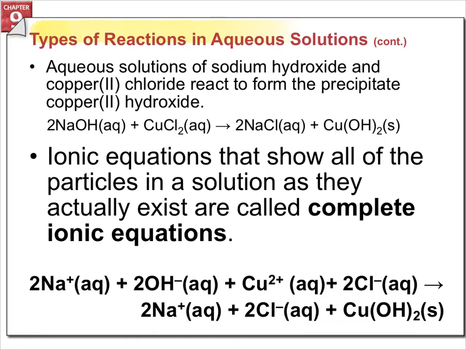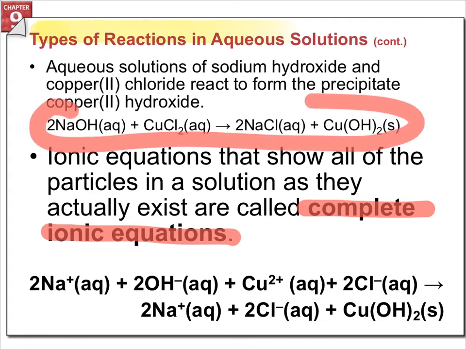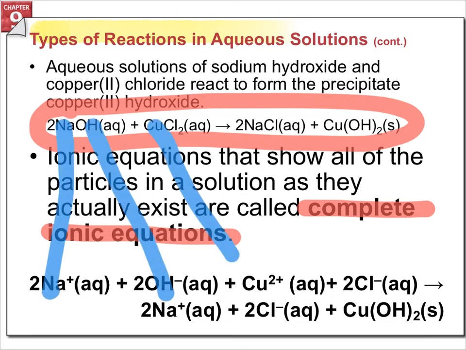Ionic equations that show all of the particles in a solution as they actually exist are called complete ionic equations. Okay, so a complete ionic equation is like this one here. So we take this equation and we actually break every little thing down. So you have here the sodium, and you have the hydroxide, and you have the copper, and you have the chlorine.